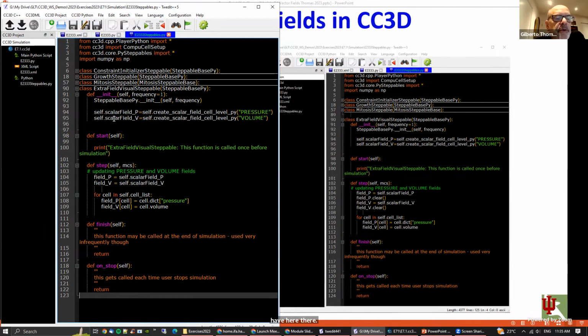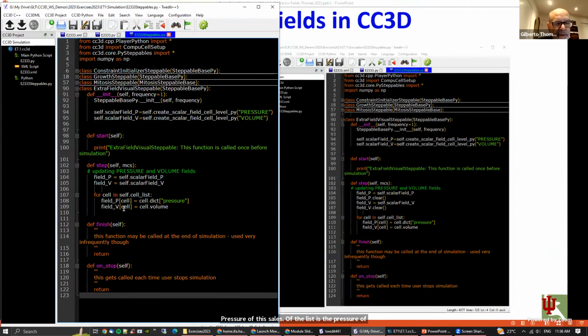So I created two scalar fields for pressure and volume. And this is the way we fill the field with the values they should present. So we define here two variables, which are placeholders for the field, like a function with points. And I make a loop in the cell list, and I say that the field pressure for the cell in the list is the pressure of that cell.